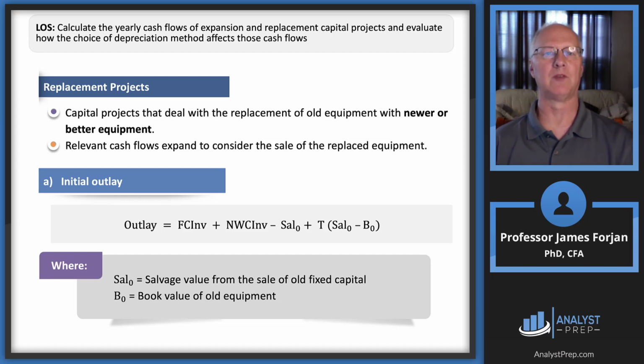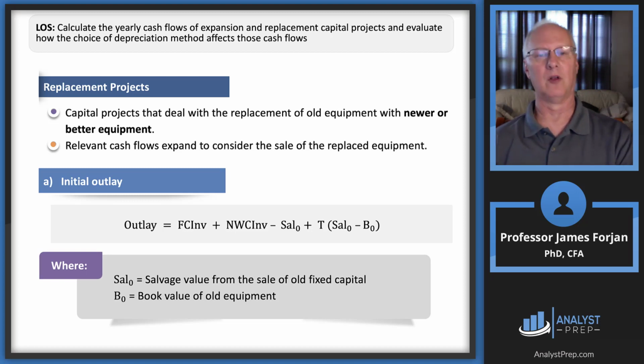All right, all that for the first and third parts of that LOS. How about a replacement project? All right, suppose we replace older equipment with new or better equipment. So we need to identify those relevant cash flows, right? So the initial outlay is going to look an awful lot like it did just earlier for the expansion project. So we have the long-term investment and the short-term investment.